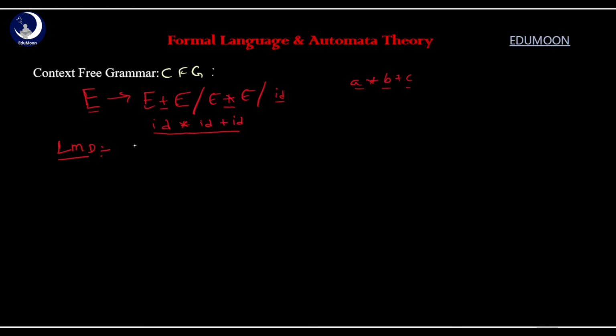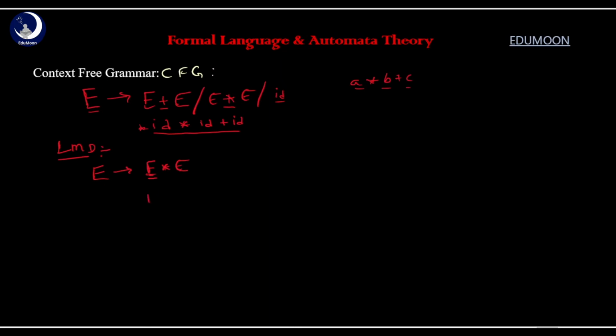So to generate this string, we take the starting symbol E. E tends to, for example, E star E. There are two variables on the right hand side of the production rule now, so I always take the leftmost one first in this derivation.